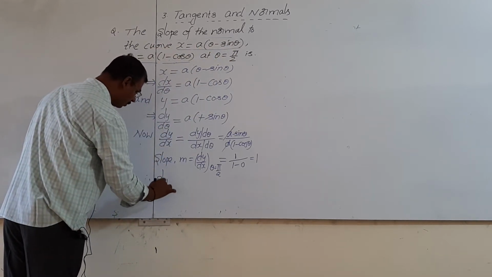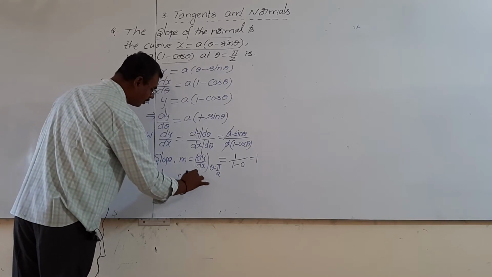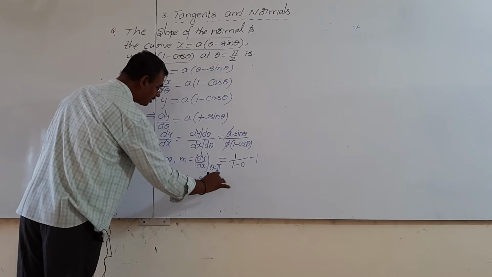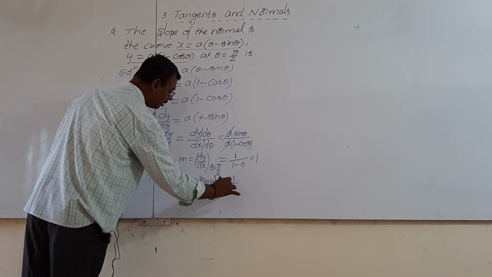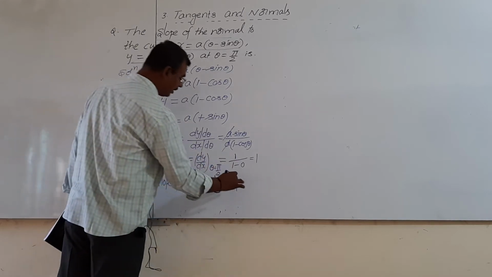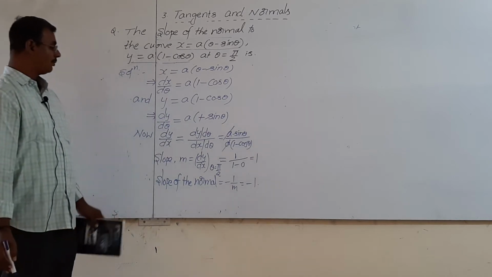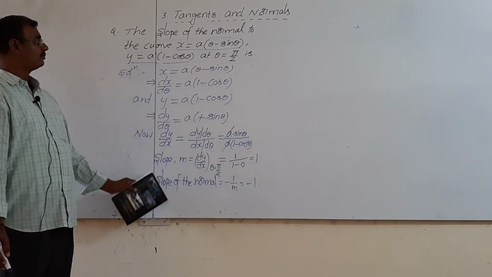Therefore, slope of the normal, we know the formula: first we take the minus symbol and the reciprocal. That becomes minus 1. Therefore, slope of the normal is equal to minus 1.